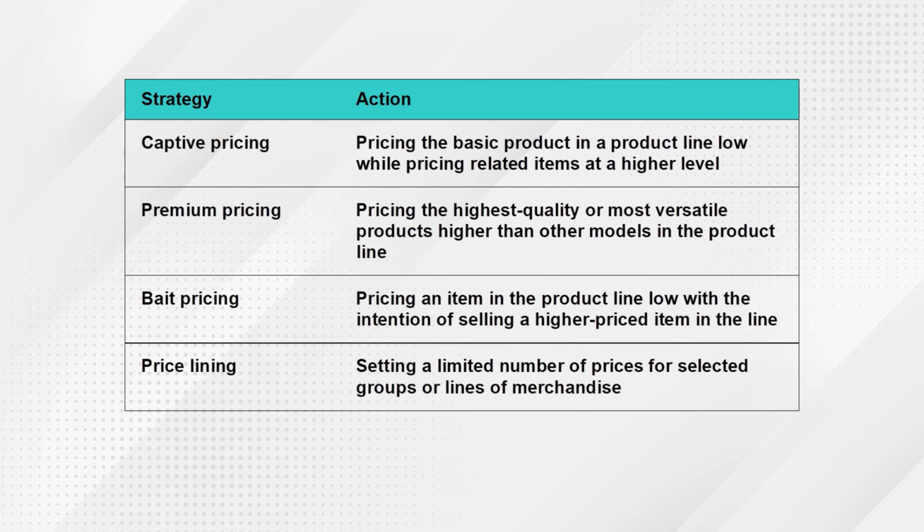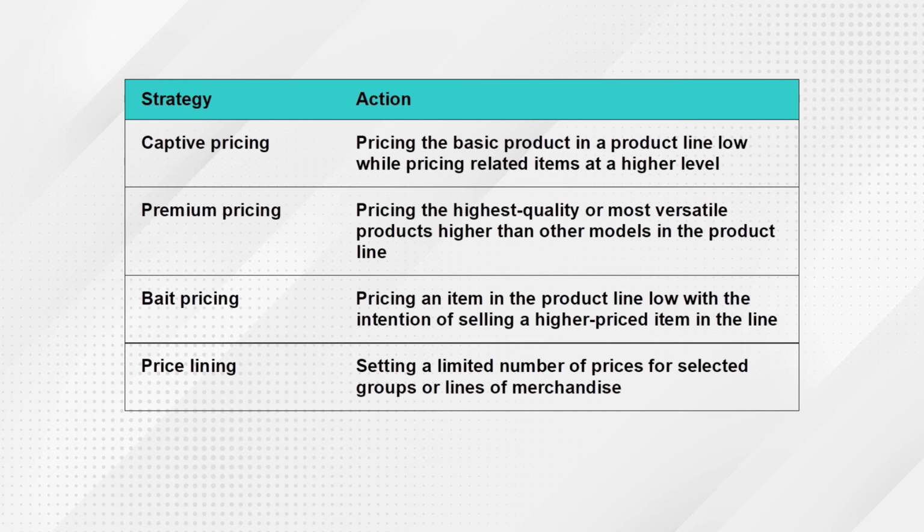Sometimes you can price an item in the product line low, which is called bait pricing. Bait in the sense that you can induce the customer to buy from you, but the other items in the product line are highly priced. To hook the customer, you can use bait pricing.